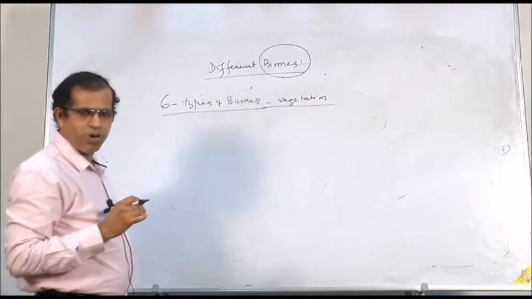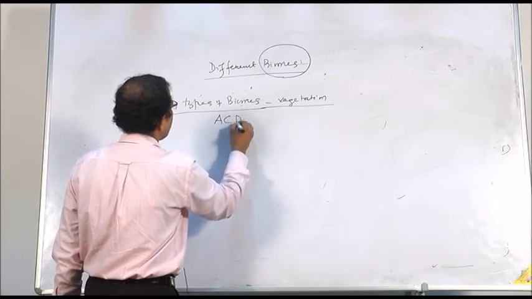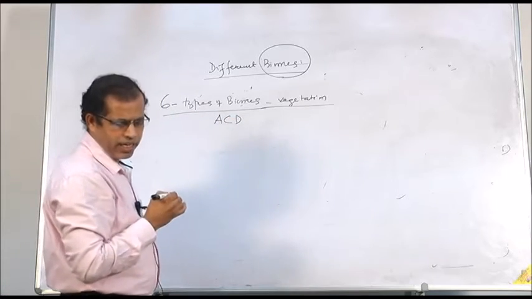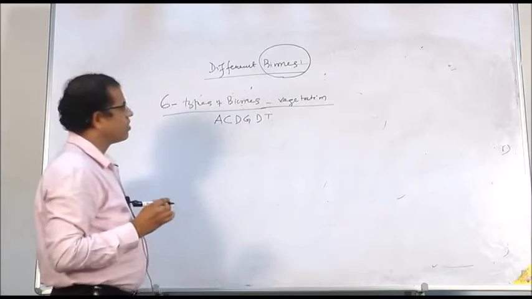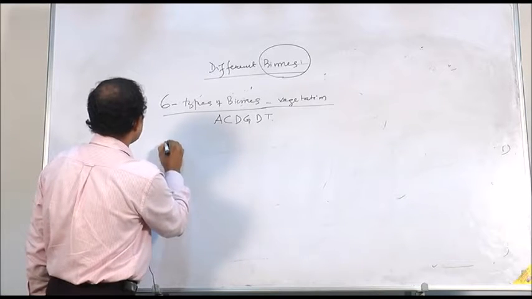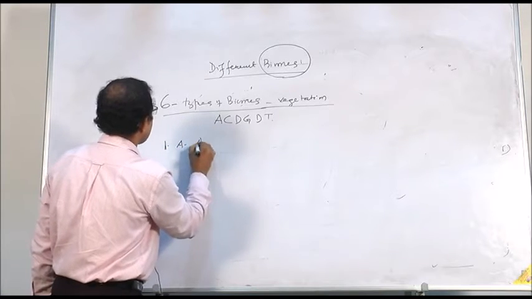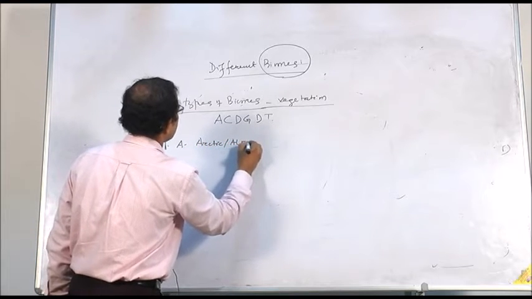The short form we can write is A C D G D T. A stands for Arctic or alpine.